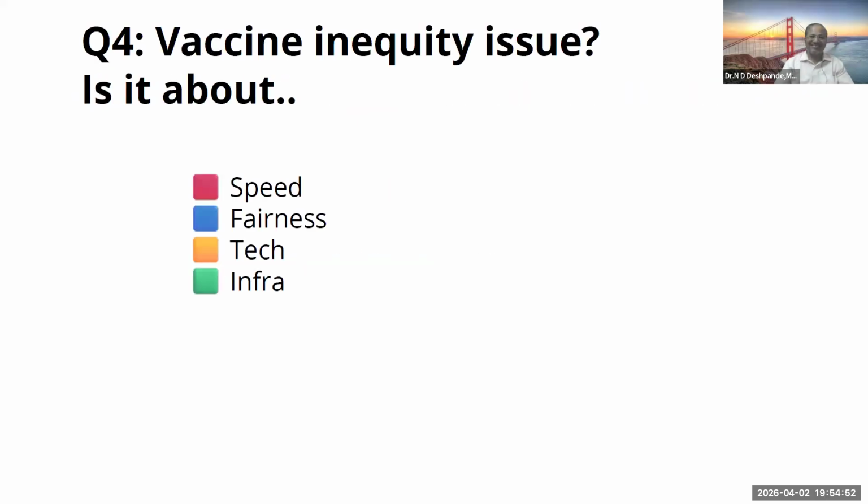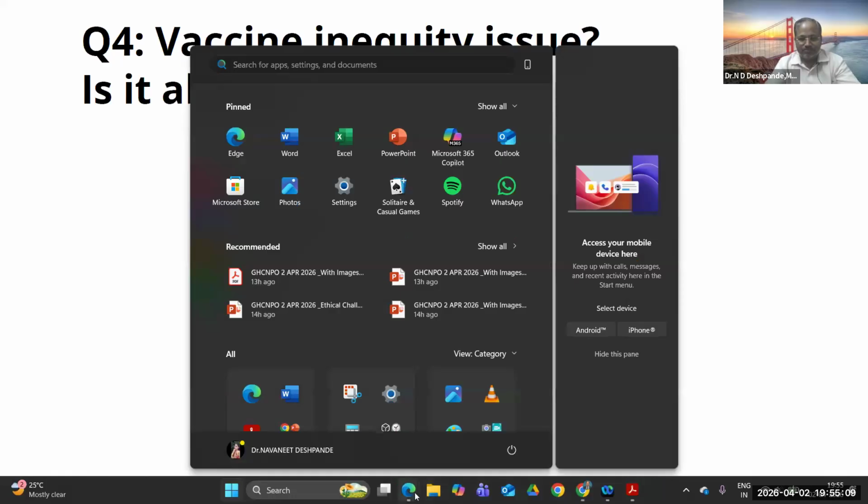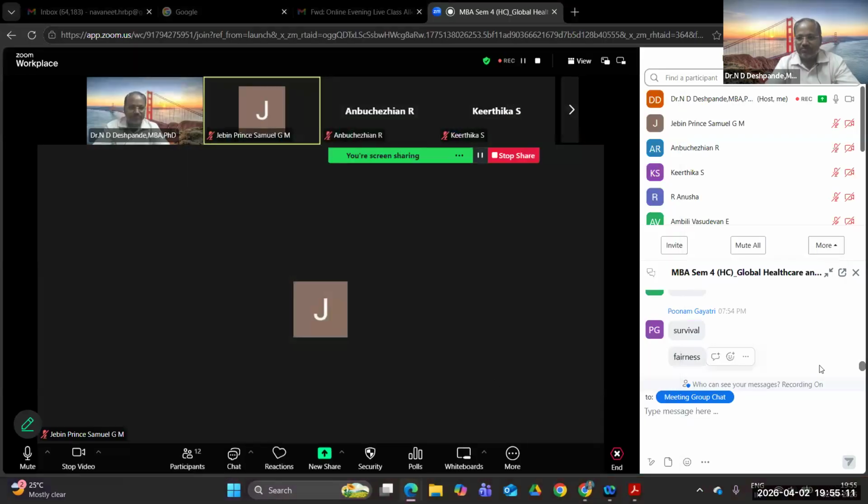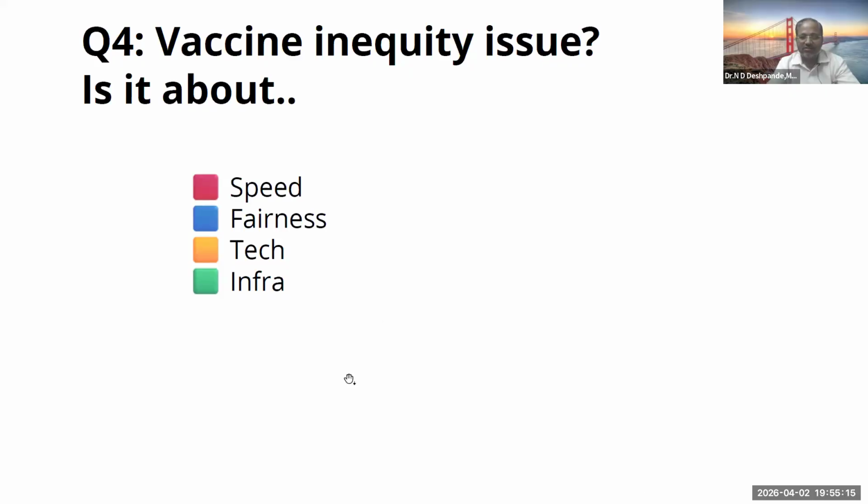Next comes the vaccine inequity issue. Is it about speed, or fairness, or tech, or infra? Okay, let's see. Somebody said fairness.